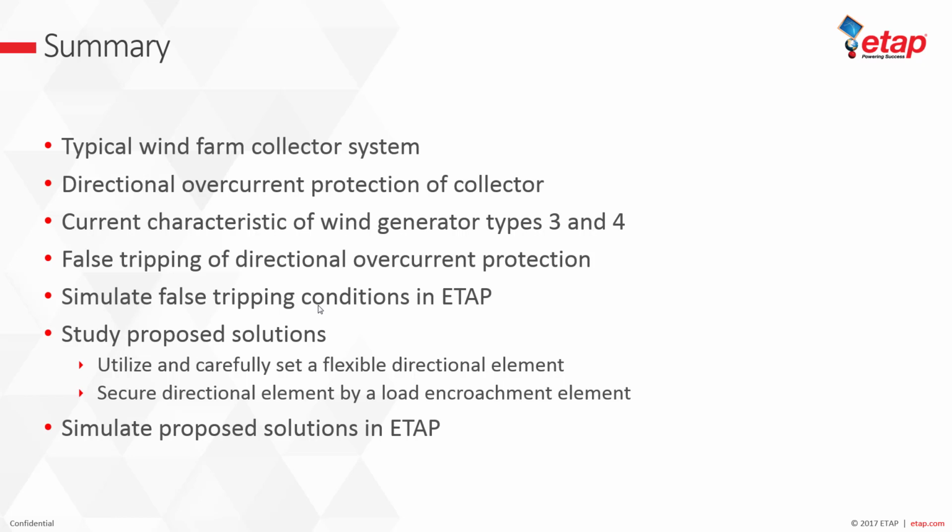We discussed two papers that actually reported those scenarios. We simulated those false trips in ETAP. We used the StarZ mode to set the relays and create some views to look at the characteristics, how the seen impedance moves as the voltage changes in the system, and as the reactive power support by the WTG changes to maintain the voltage at a set point. So we showed that in two conditions this false trip can happen.